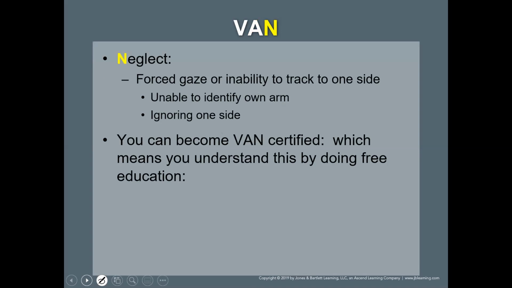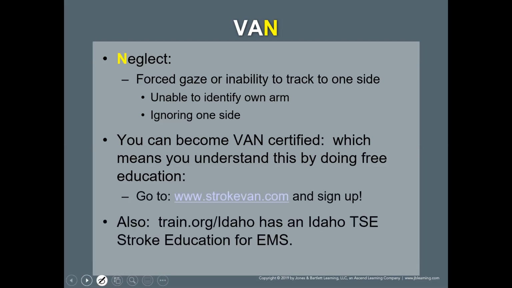And then just so you know, you can become a VAN certified person who takes a class, and that just says you understand, and it's free. So if you go to strokevan.com, you can sign up for free education. Also, train.org/Idaho has an Idaho TSE, which is time-sensitive emergencies stroke education for EMS.